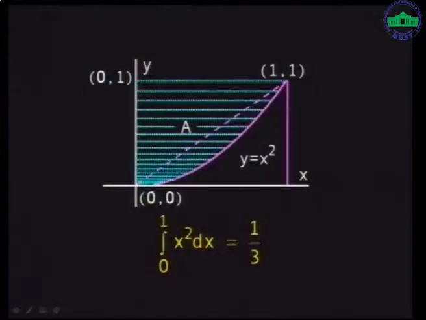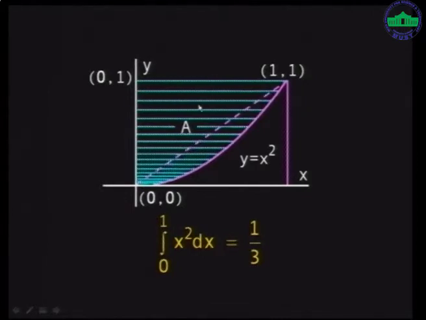Now, if we apply this result to this square here, you know that the area above the graph y equals x squared is equal to 4/3 the area of this triangle.